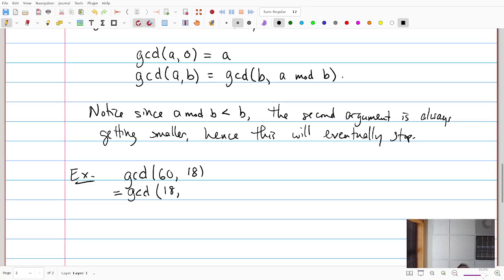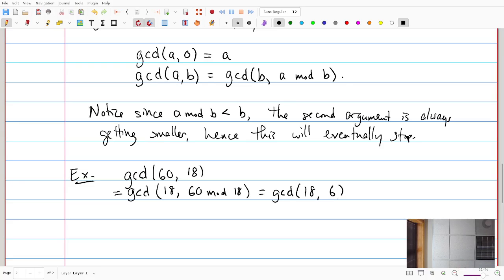We could use a calculator, or we can think: 60 minus 54, so 6. 54 is a multiple of 18, 18 times 3, so the remainder is 6. I'll write it out so that if you're looking at the notes later, you'll see how we got 6. This is 60 mod 18, which is GCD of 18 and 6.